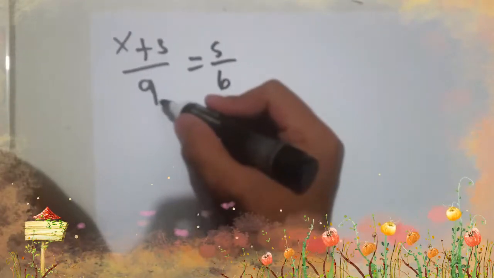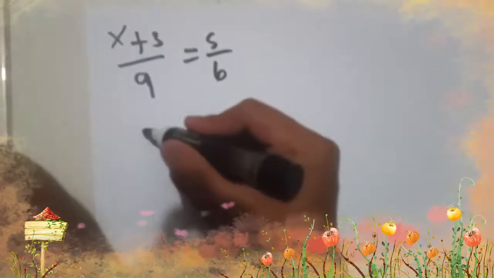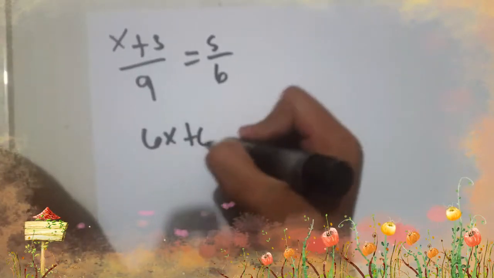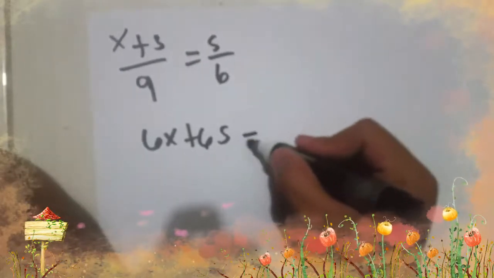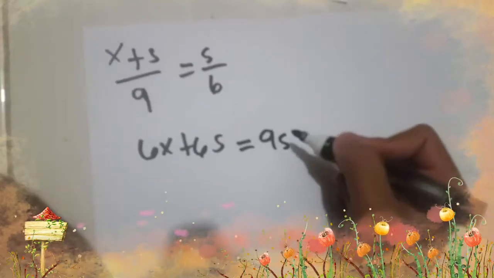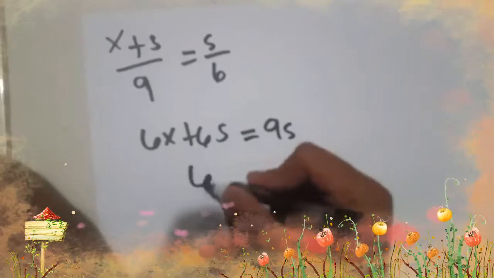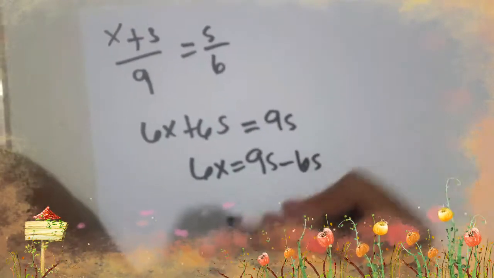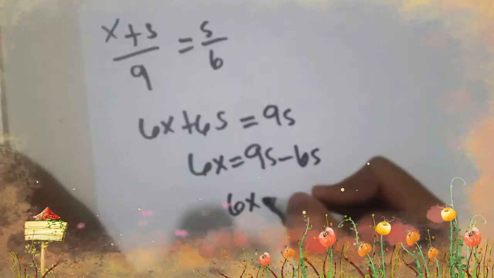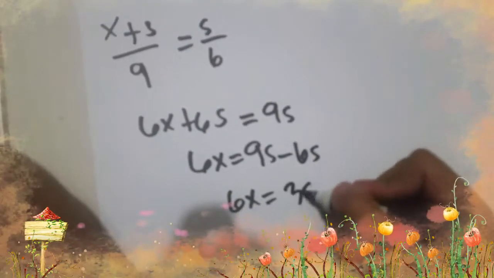The 9 is the h earlier. So 6x plus 6s, cross multiply, is equal to 9s. 6x is equal to 9s minus 6s. 6x is equal to 3s.